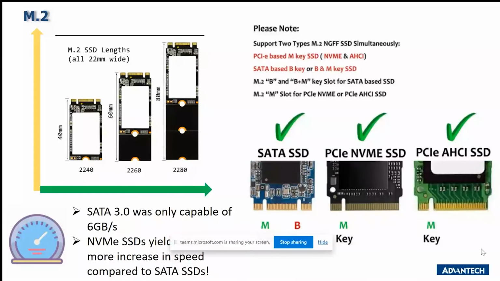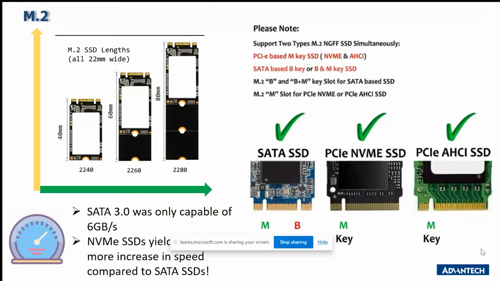Just as upgrading from a hard drive to an SSD makes a significant difference in everything from boot speed to file load speed, upgrading to an NVMe SSD will yield even more gains in a variety of computing tasks.